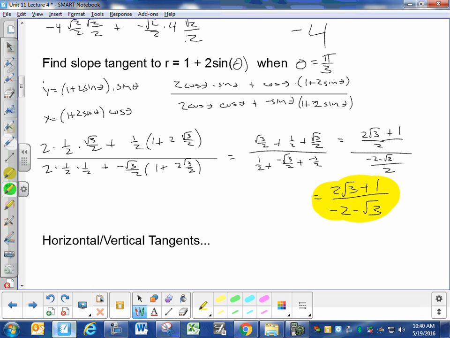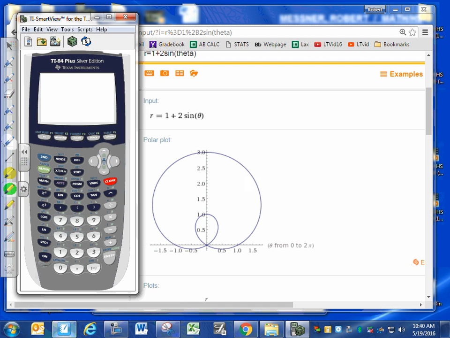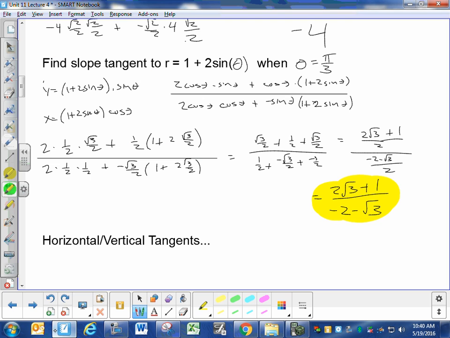So 2 root 3 plus 1 over negative 2 minus root 3, comma, 2 root 3 plus 1 divided by negative 2 minus root 3.